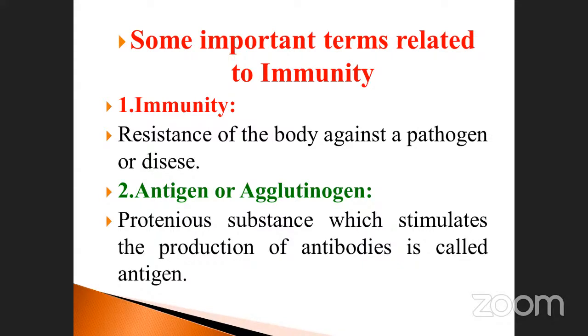It is the responsibility of the immune system. Suppose a foreign particle invades the body of any person, what will happen? Automatically the immune system is activated, identifies and analyzes the pathogen, and automatically produces what?